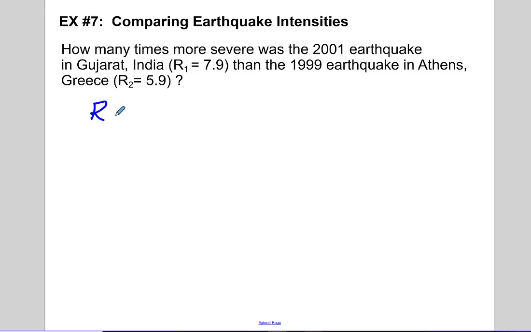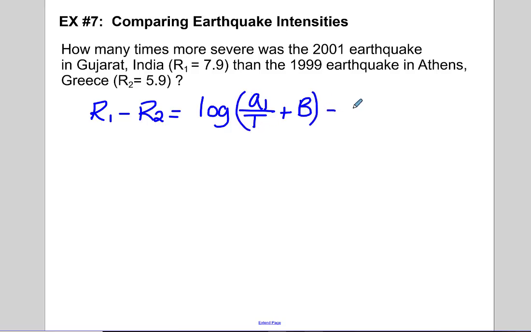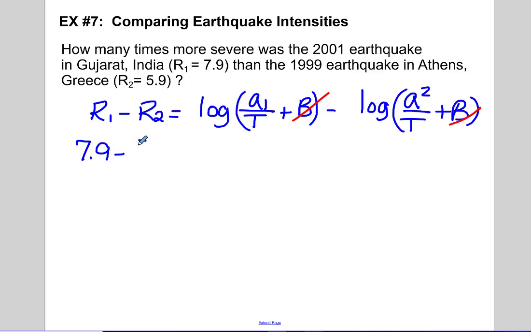We could say R1 minus R2, using that formula, was log of A sub 1 over T plus B minus log of A sub 2 over T plus B. In this case, we could eliminate the B's. And R1 was 7.9 on the Richter scale. R2 is 5.9. So the difference is 2.